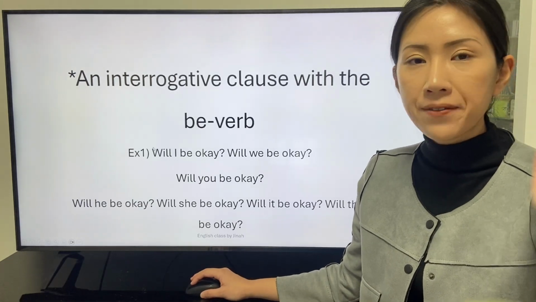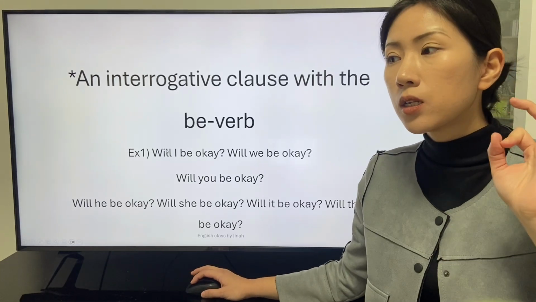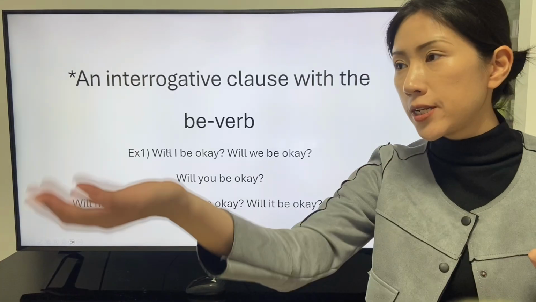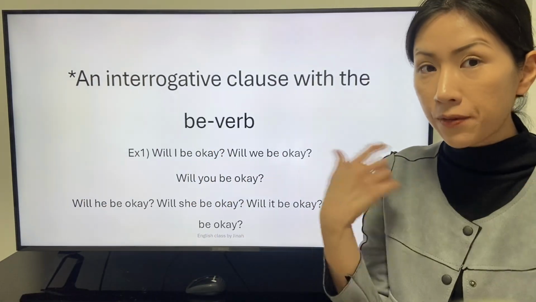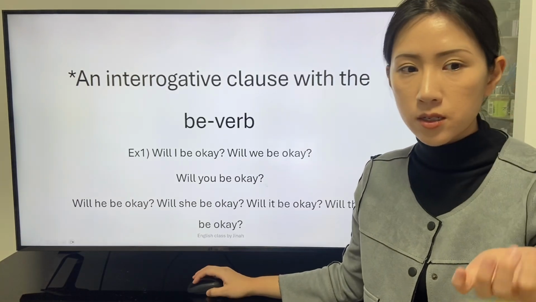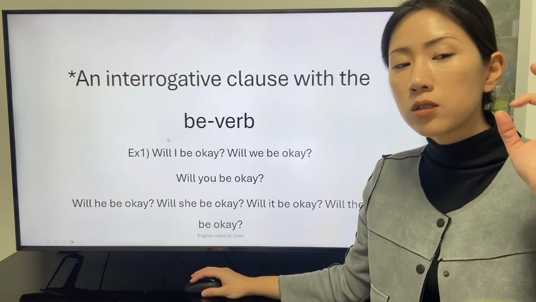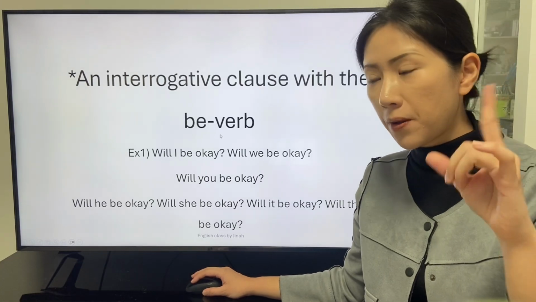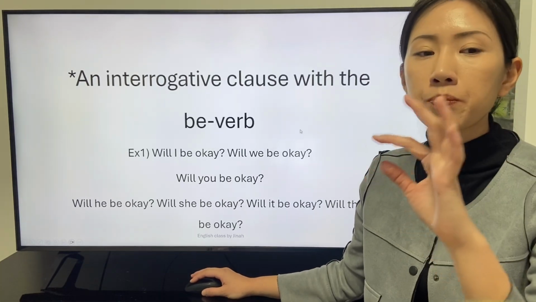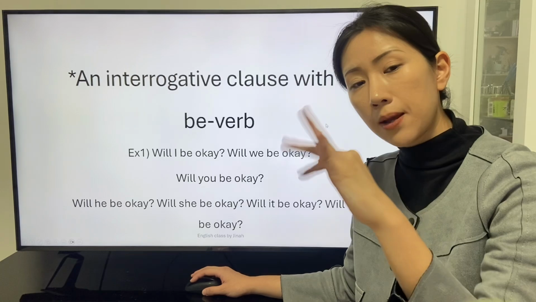The interrogative clause with the be-verb to describe the future existence or condition of a subject does not reveal the information about the subject. So the modal verb and the form of the be-verb, be, are same.